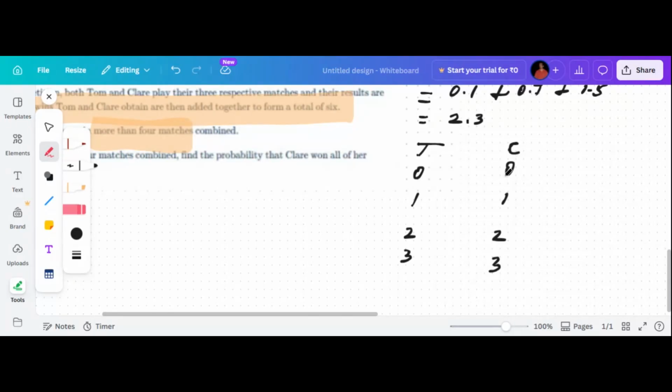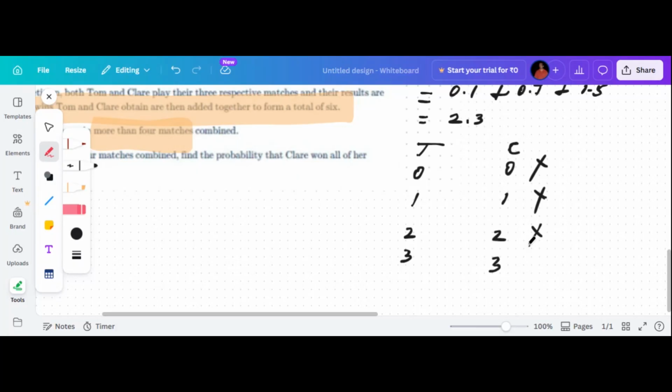So 0-0 is not possible: if Tom wins 0 and Clara wins 0, the total is 0. If Tom wins 1 and Clara wins 1, the total is 2. If Tom wins 2 and Clara wins 3, hmm, the total is 4 is not acceptable.